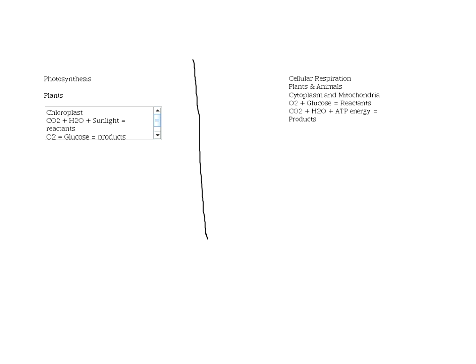The products of photosynthesis are the reactants of cellular respiration, and the reactants of photosynthesis are the products of cellular respiration. So they are opposites.